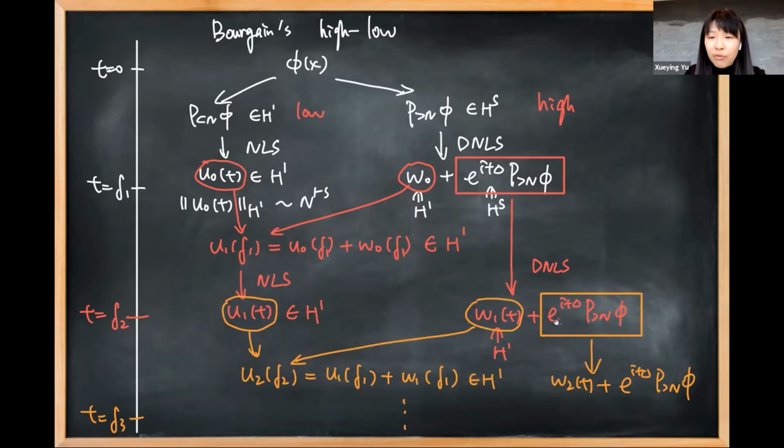And then you evolve this using a difference equation, and rewrite this into a linear part plus a Duhamel piece. Okay, so that's how you run the iteration. And then you can continue this iteration to obtain a global solution. So you globalize your solution using this kind of high-low decomposition.